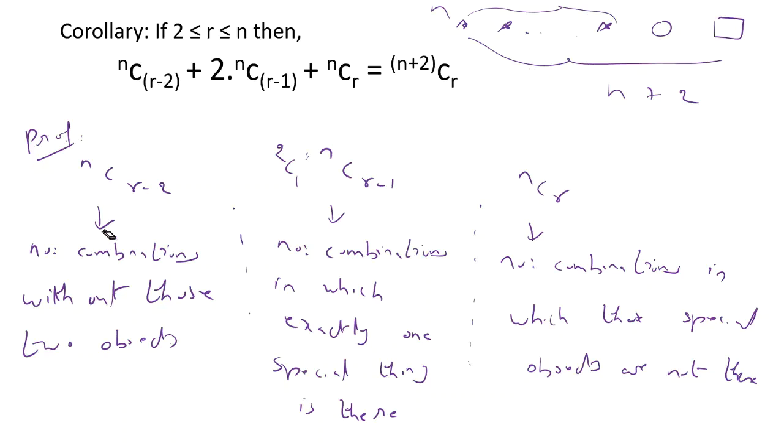I repeat, if I add all these three quantities, then what I am going to get is the number of ways of selecting r objects out of these n plus 2 objects. So this is the proof of this theorem, or this is the proof of this corollary.